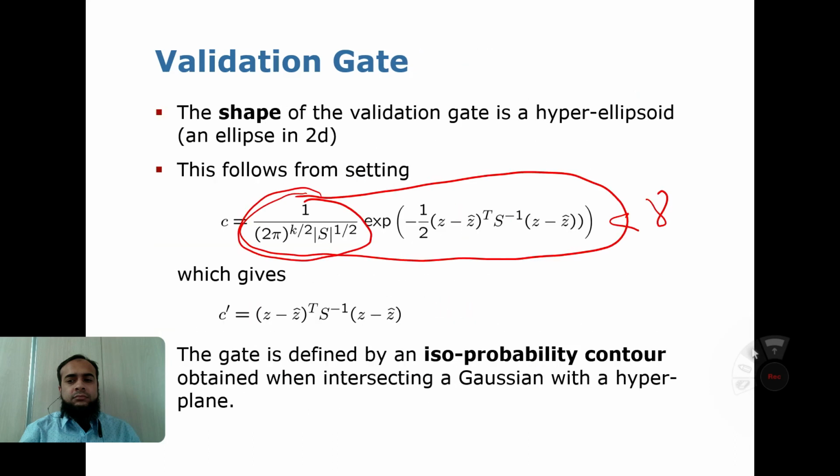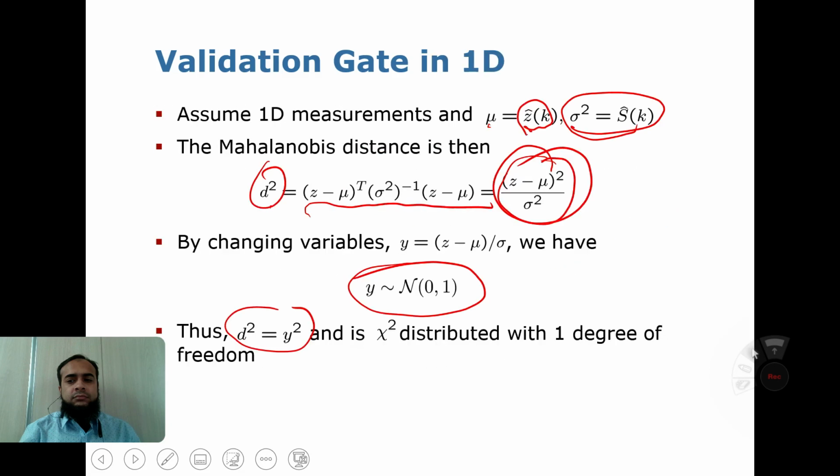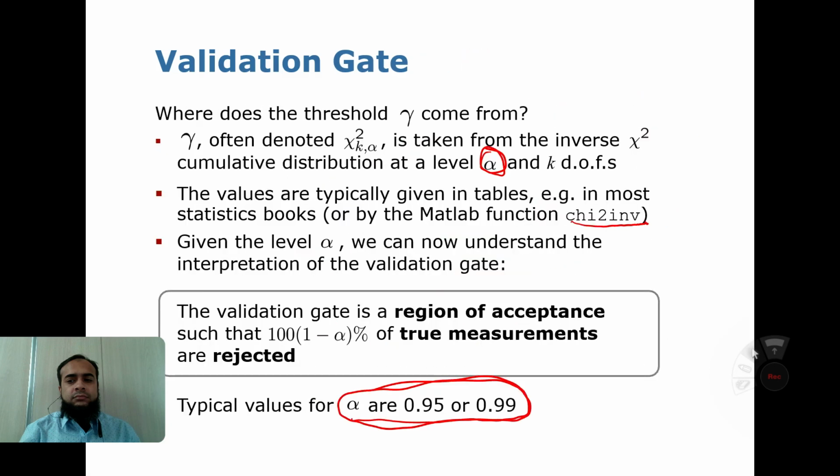We always choose alpha here, 0.95. Those measurements where the distance is less than the threshold are selected for the association.